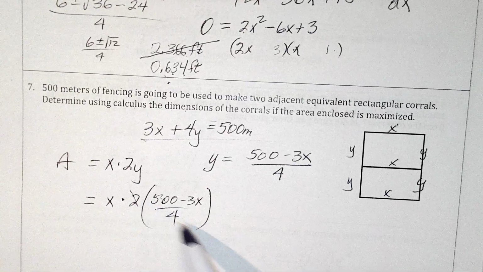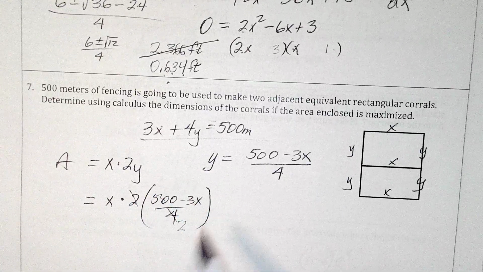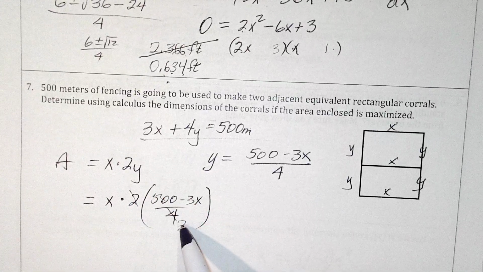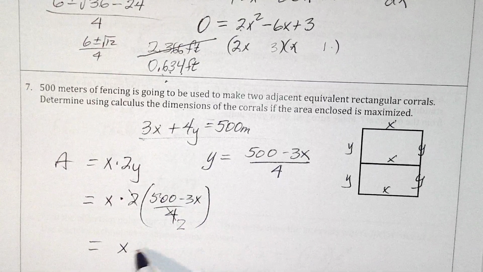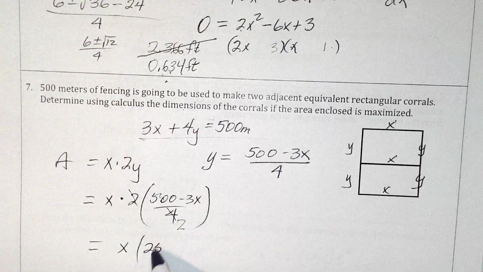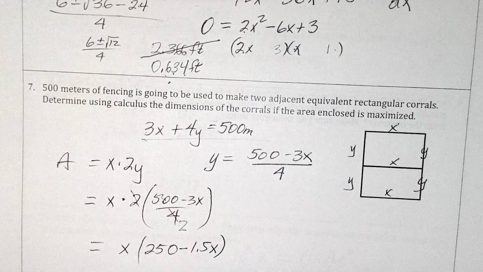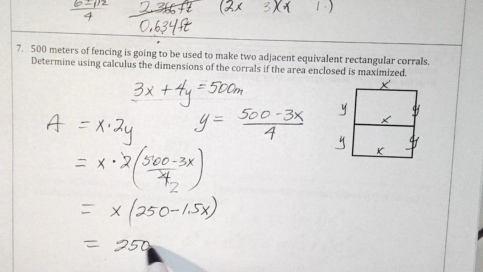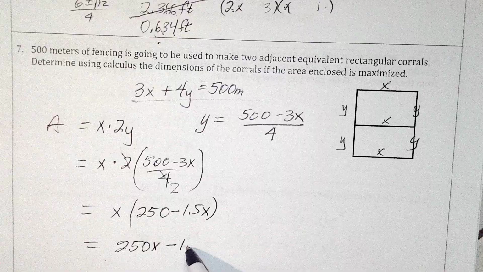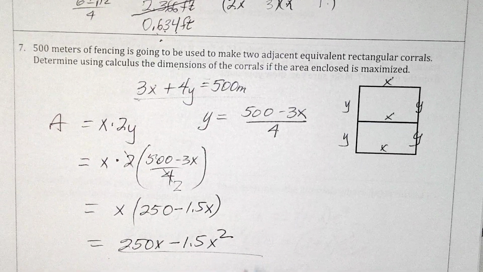Well, this 2 would reduce this 4 to a 2, or I can divide the 2 into both of these. So I'm going to have x times 250 minus 1.5x, which is 250x minus 1.5x squared. That's the area.